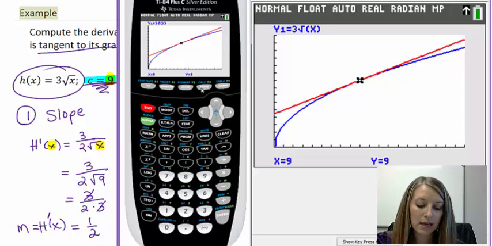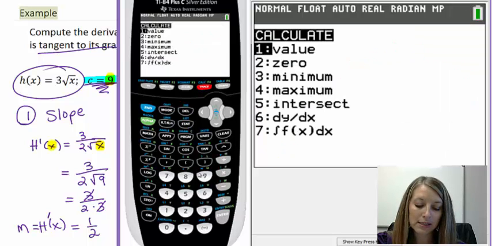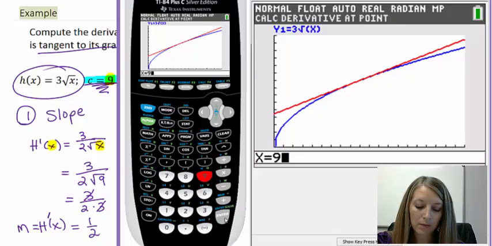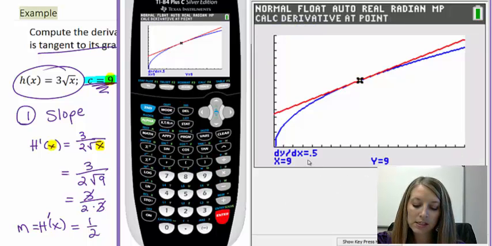Or second calc number 6 is going to check the slope. We type in 9, and that gives us 0.5, which tells us that our slope is correct as well. And that, again, tells us where these two lines should be intersecting, and that is the correct point right there. So we've got everything correct for this example.